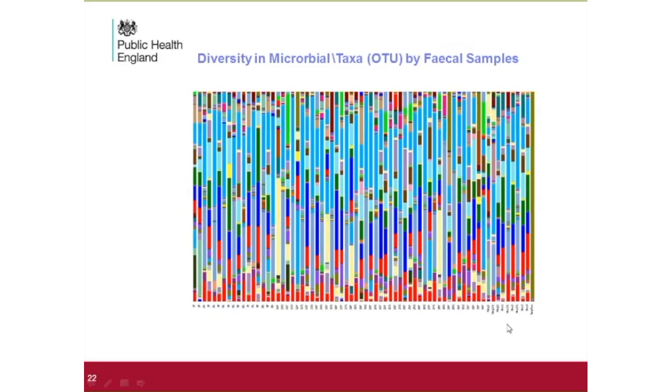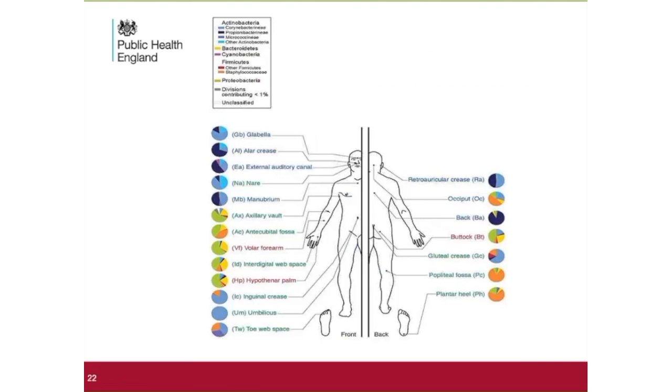Each one of these columns represents the various taxonomical groups that we found, and each group is given a special color. The reason I'm showing you this is that if you look across all of them, there is no apparent set of core taxonomical groups shared among all of these. We found that less than 20% were common, and the percentage and the variation among them is too high to be able to differentiate healthy patients from diseased samples.